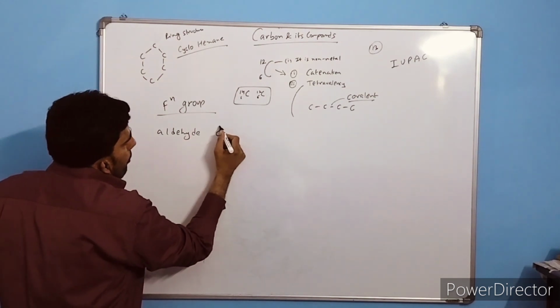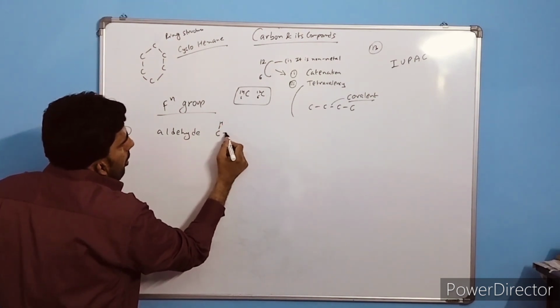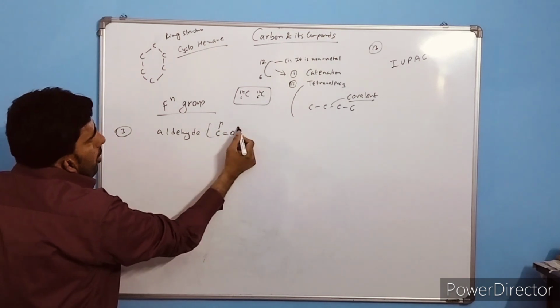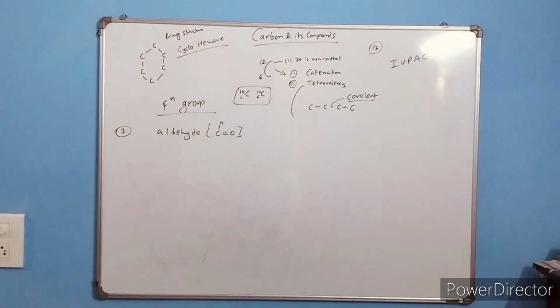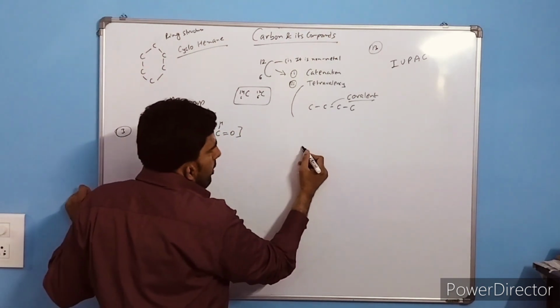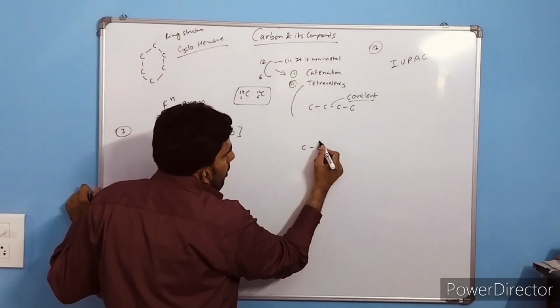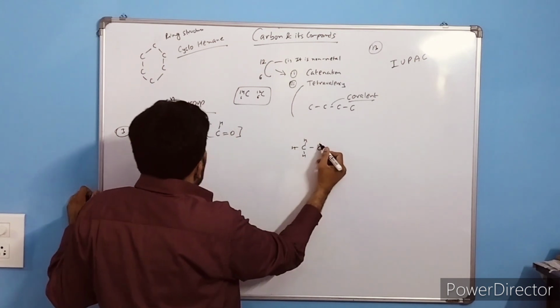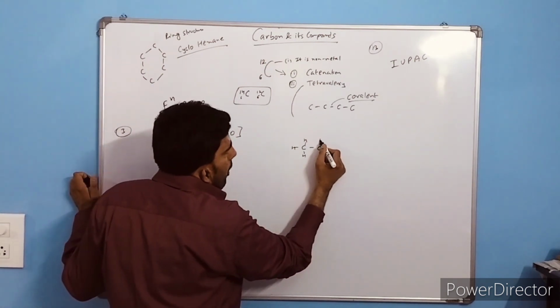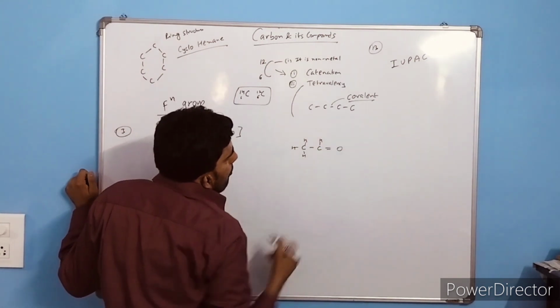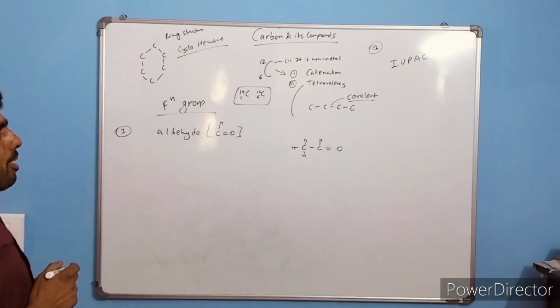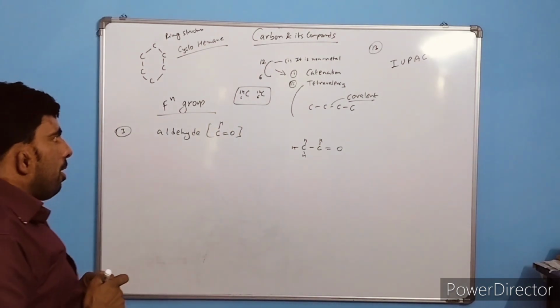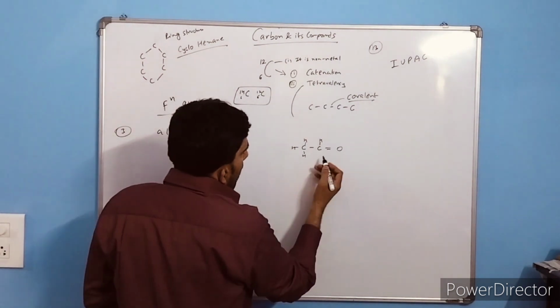That is CHO. If I take the example of this, C, here I will write H, and here I will write O. So how will you define its naming?